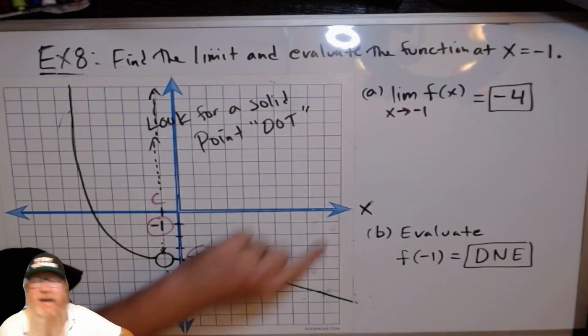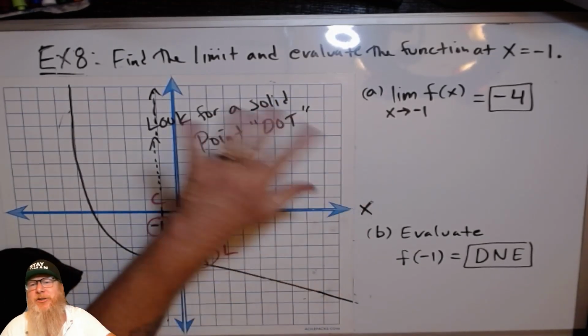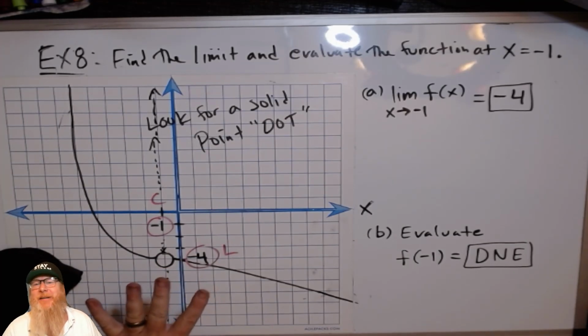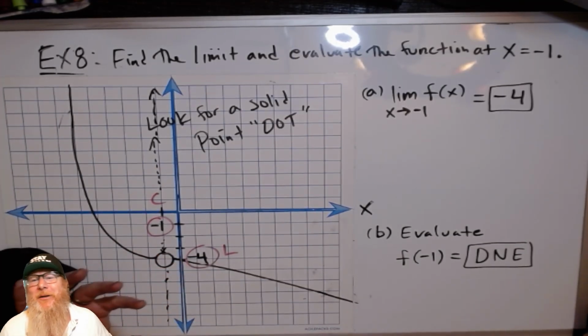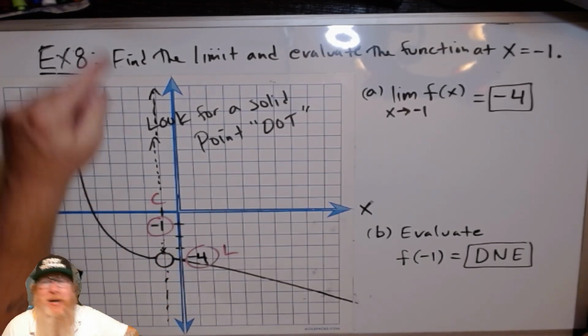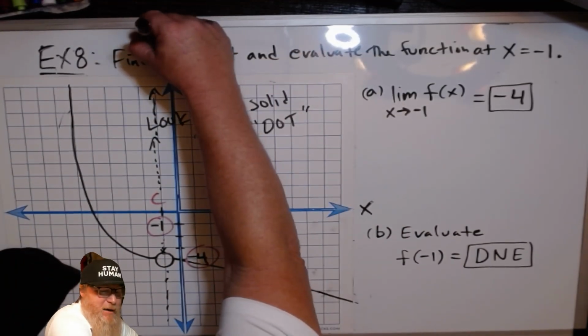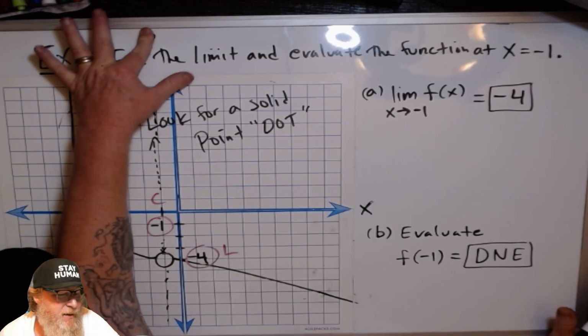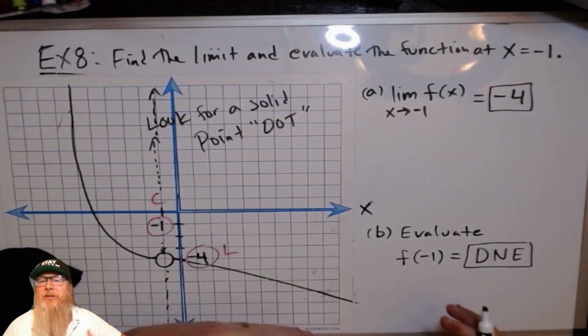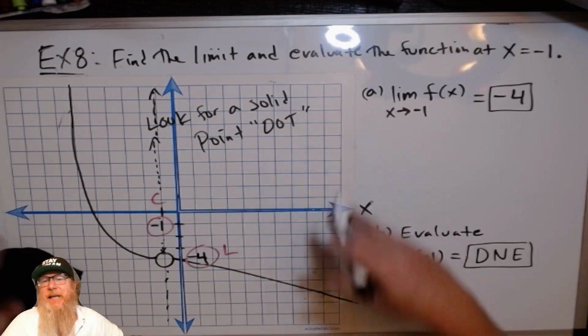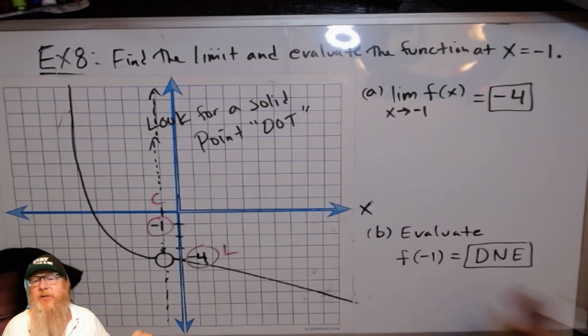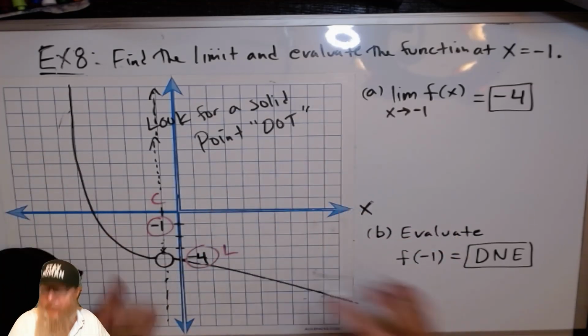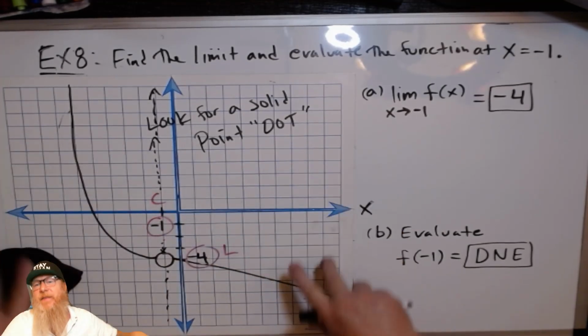Now, I should say within the range of the function that was given. You could be a real smart aleck and go, well, how do we know the dot's not way over here, off the screen or something like that? Well, you don't, all right? So you can only answer the question in so much as it is presented in the graph. So based on this graph, it does not exist within this graph.